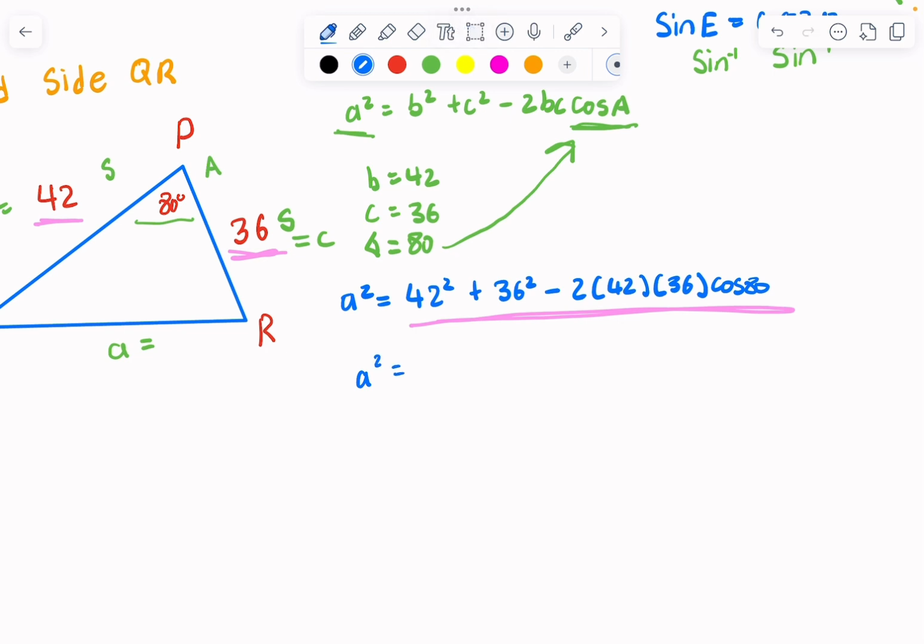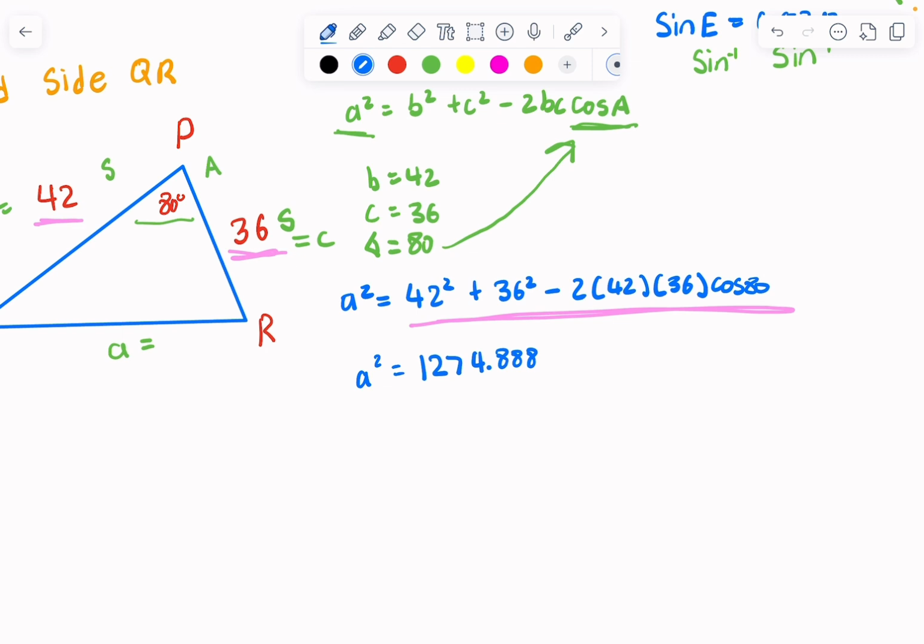So that's 42 squared plus 36 squared minus 2 times 42 times 36 cosine 80, and you get 1,274.888.